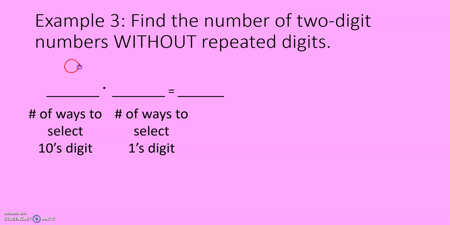So there are 9 options for the tens digit. The ones digit could be any number 0 through 9, but we don't want it to be the same one as the first one. So instead of 10 digits there, we have 9 digits available to us. 9 times 9 equals 81.